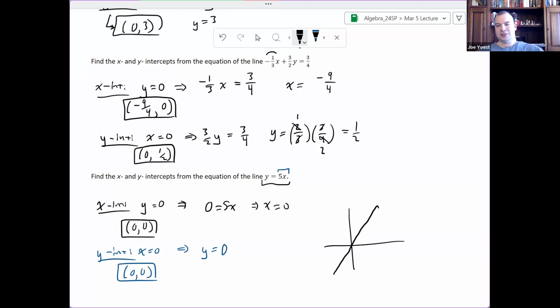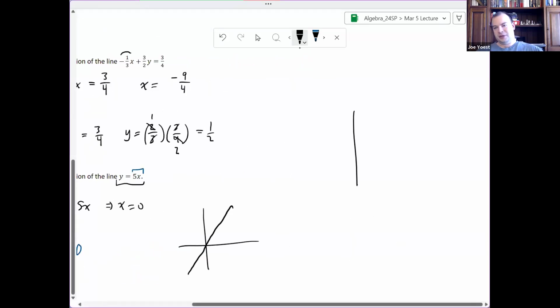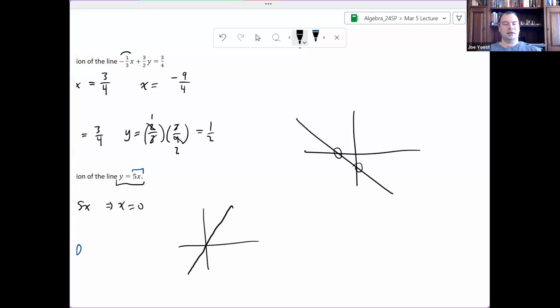So we have three scenarios. The typical scenario is we get something like this, where we have two distinct intercepts, one x-intercept, one y-intercept. And we have a couple of special cases. We have a horizontal line with one intercept, a y-intercept. We have a vertical line with just an x-intercept, or we have a line that passes through the origin.